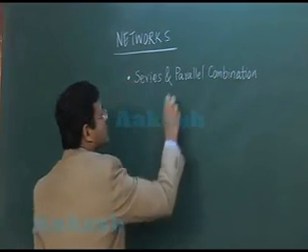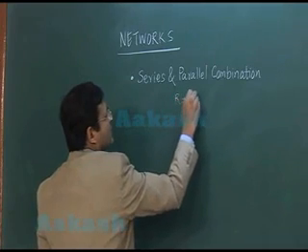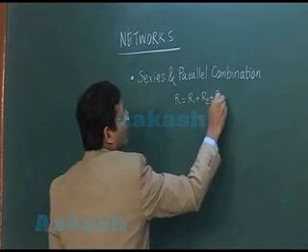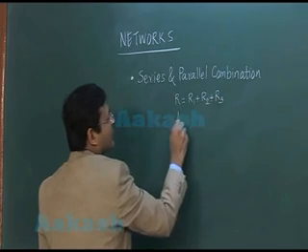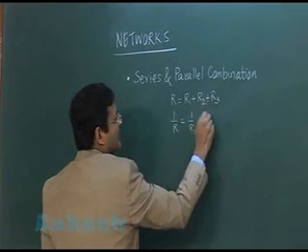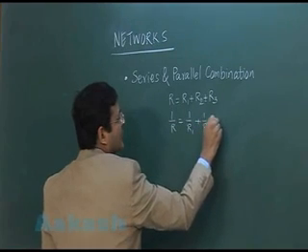You essentially used the formula R is equal to R1 plus R2 plus R3, or for parallel combination you derived the formula 1 by R is equal to 1 by R1 plus 1 by R2 plus 1 by R3.